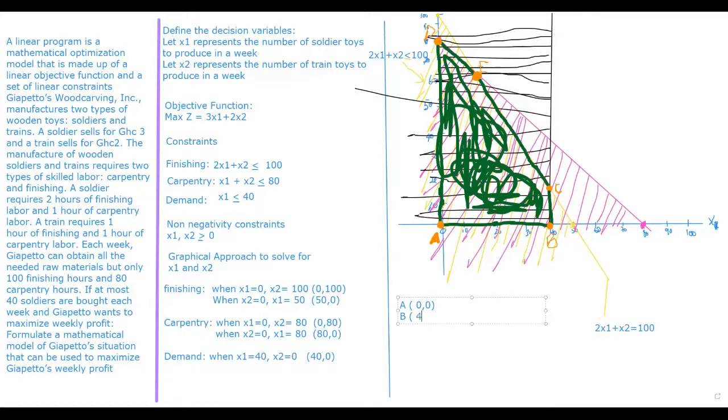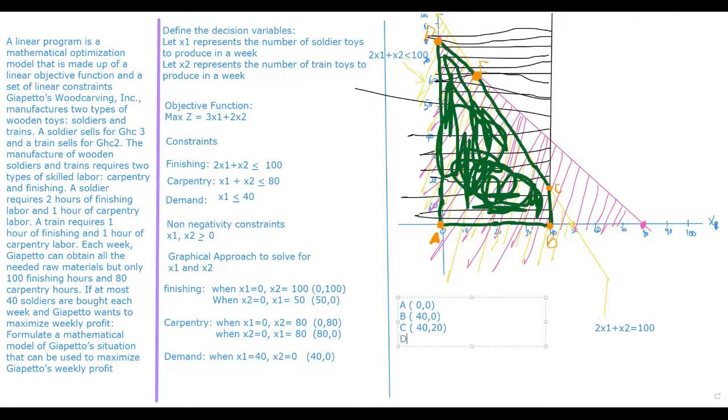So 40, 0. This is C. Who can tell me the value for C? This one is not drawn to scale, so unless I tell you here. The x1 was 40, and x2, when you trace it to this side, should be 20. But this one is not drawn to scale. So it's 40, 20.